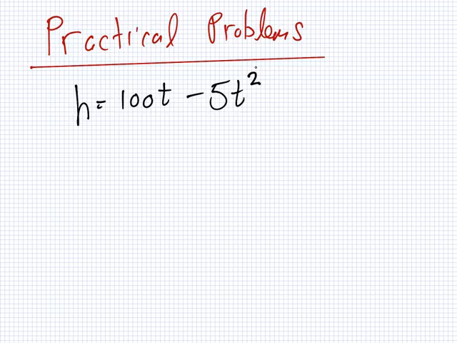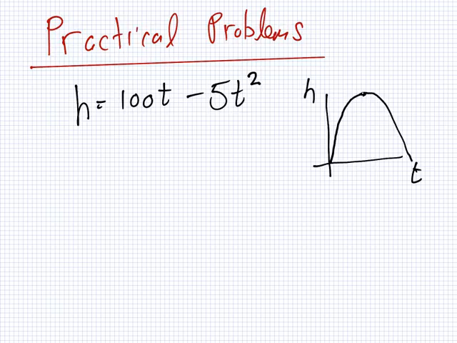Yep. So the first question is, when is the cannonball at its highest? If you remember from last class, if we think about the graph, here is the height and here is the time. As time goes by, the height will increase, it will reach a maximum and then it will decrease.